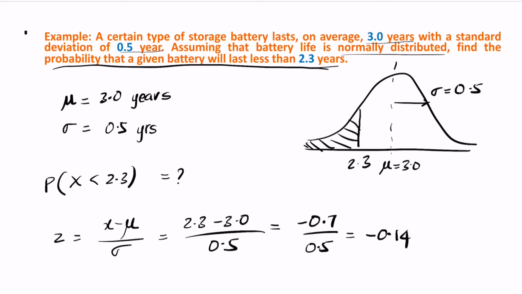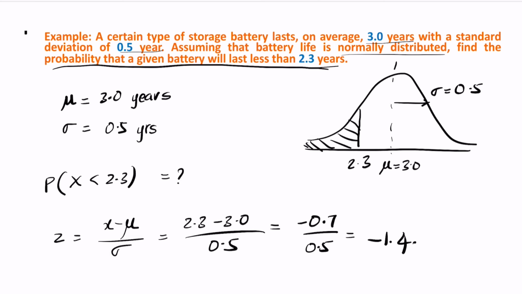So you can check it. 0.7 over 0.5 is 1.4, I'm sorry, minus 1.4. So this is the value of z.